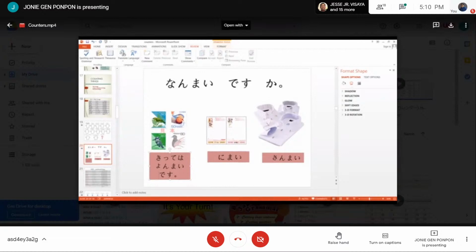Next, postcard. Postcard in Nihongo is hagaki. Hagaki wa nanmai desu ka? There are 2 postcards. So 2 pieces for a flat object is nimai. Hagaki wa nimai desu.